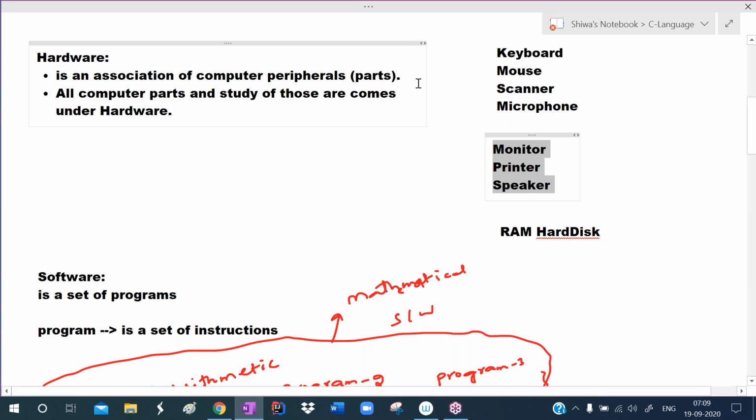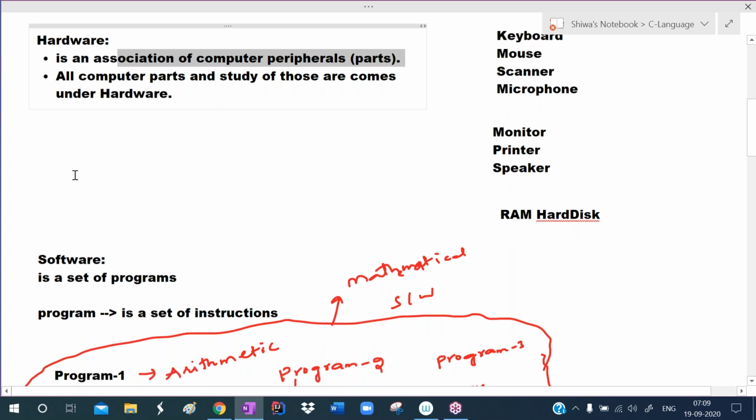Processing devices are there, like microprocessor, motherboard. All computer parts, and the study and mechanism of those parts, come under hardware. It is an association of computer peripherals, meaning it is a group of computer peripherals.